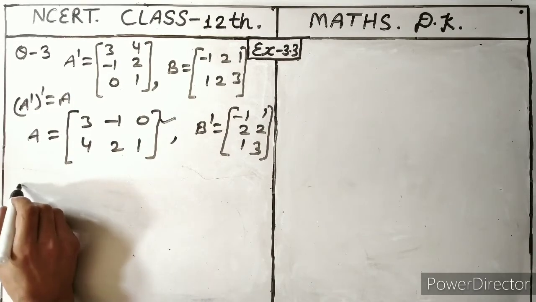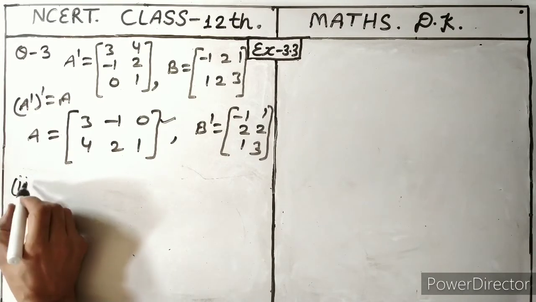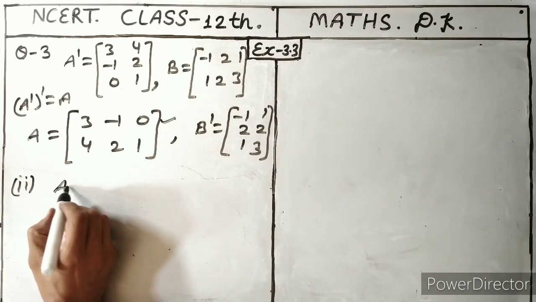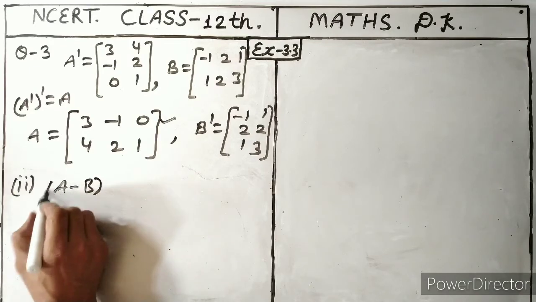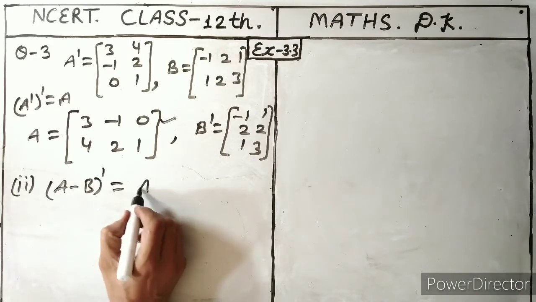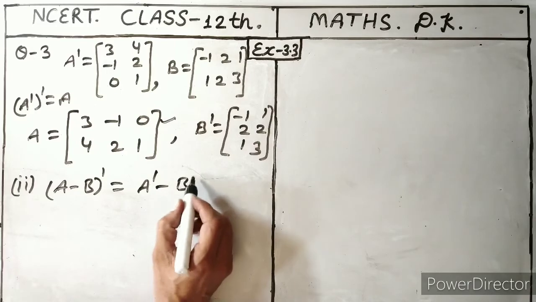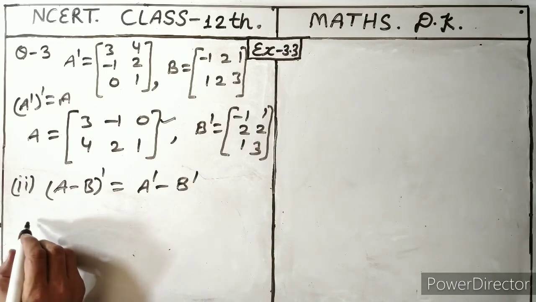In the second part we verify that (A minus B) transpose equals A transpose minus B transpose. Now the left hand side.